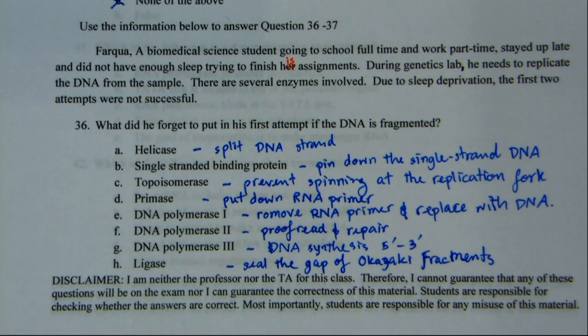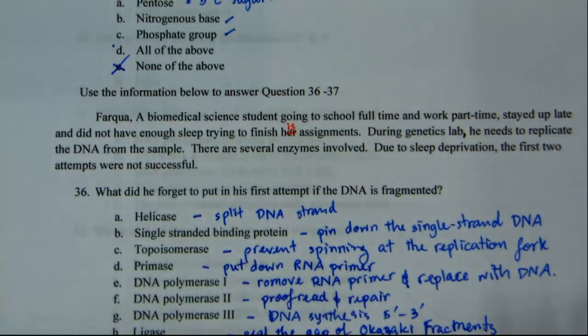Okay, so we all know all of this, but this one is not in order. Make sure you know the exact order that it goes, because she might switch it around and ask you to arrange the order of the enzymes, that kind of thing.